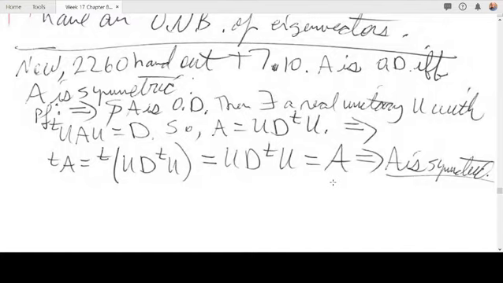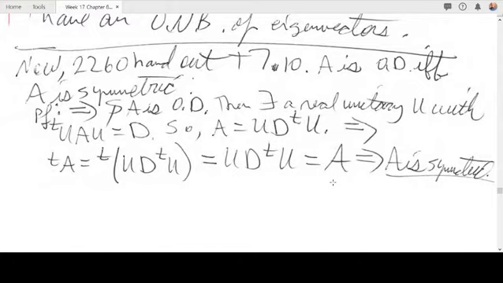So if you turn that around, A is equal to U D U transpose, which implies, if you take the transpose on both sides of that equation, that the transpose of A equals U D U transpose, which is A.